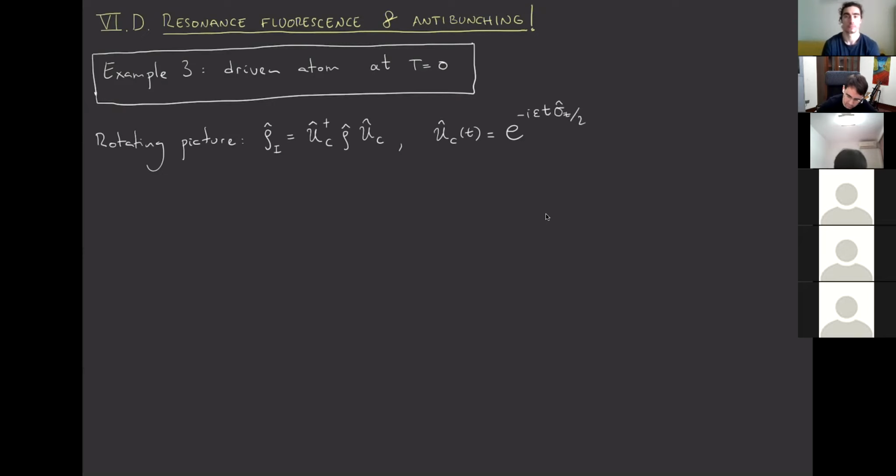So this is sigma z, okay? That literally turns or makes the phase of the Pauli operators increase linearly with time, so they kind of start rotating in the Bloch sphere or whatever.